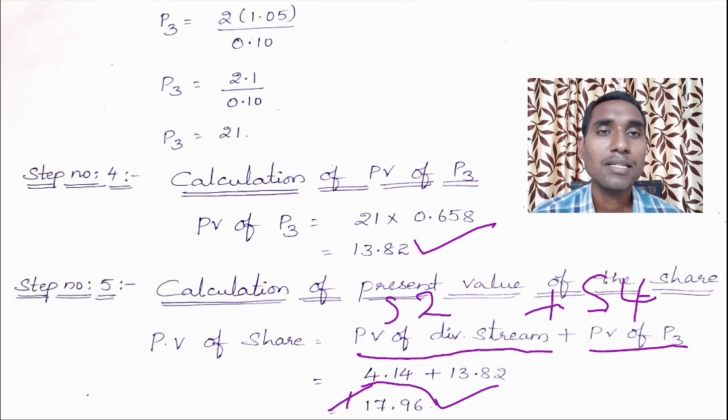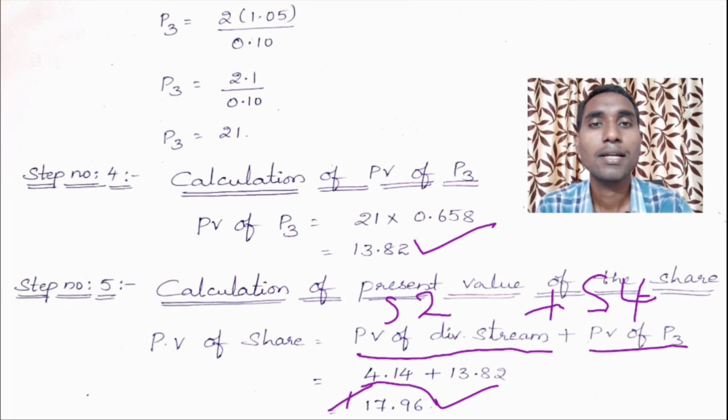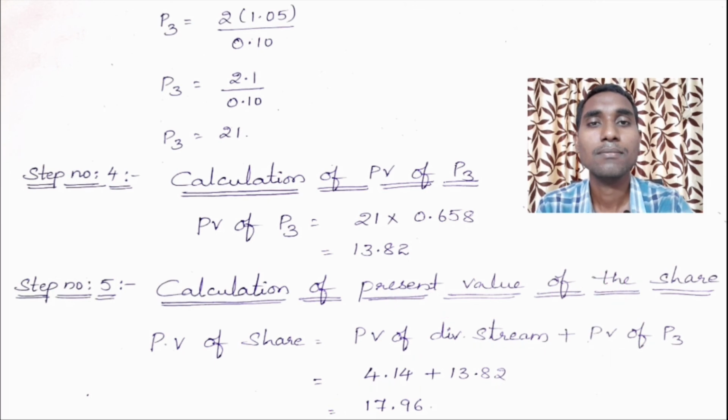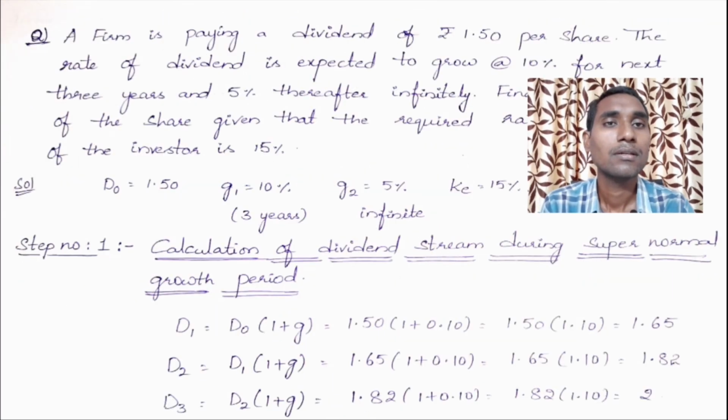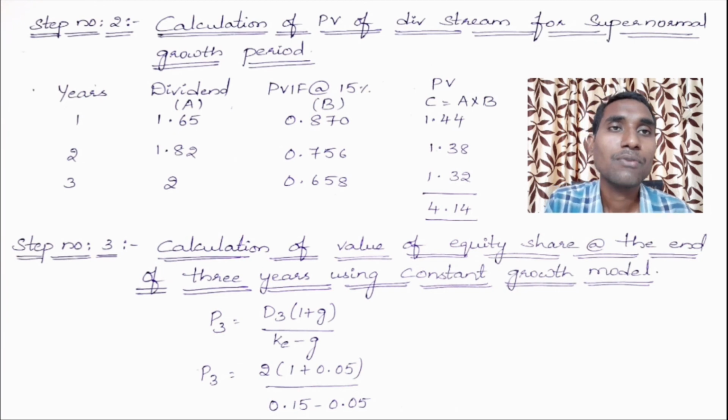Once again, let us see the calculation. Step number 1 is calculation of dividend stream during supernormal growth period. Step number 2 is you need to find the PV of dividend stream for supernormal growth period using A3 table.